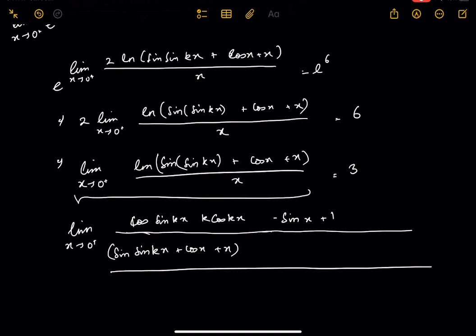For the denominator, derivative of x is 1. So 3. So this becomes this.